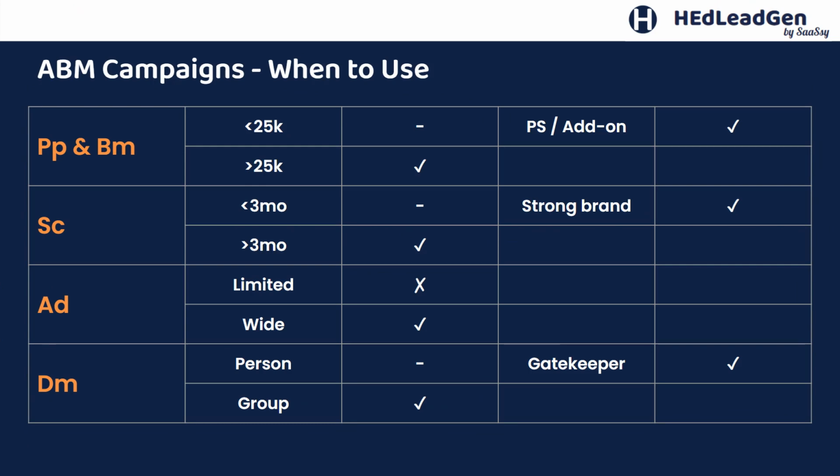Now, if you're below 25K, then the exception is that your business model might allow professional services or add-on modules to be upsold later on.